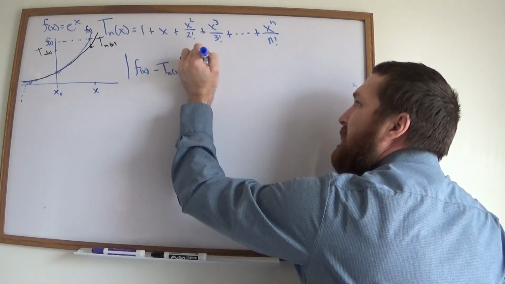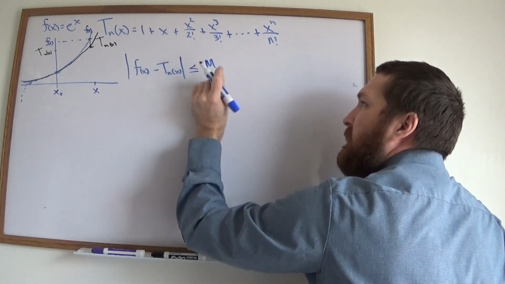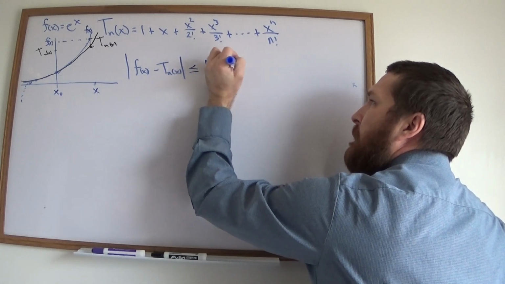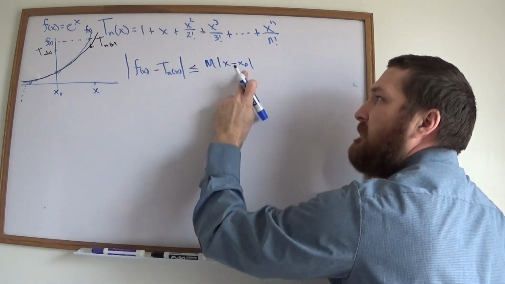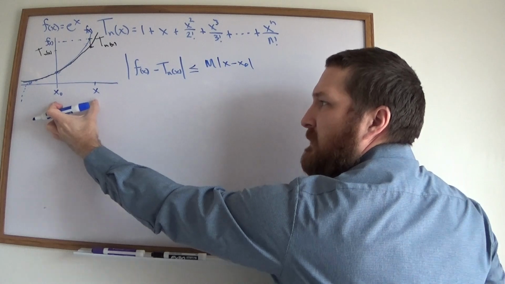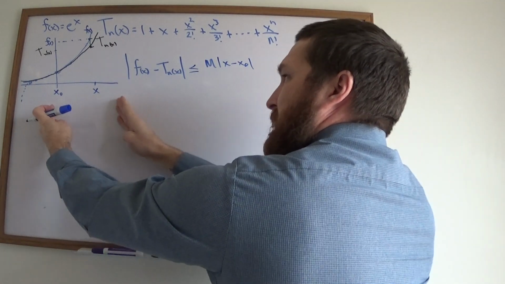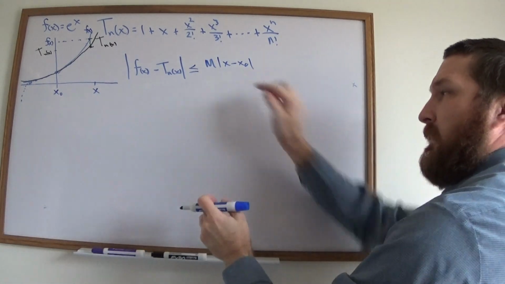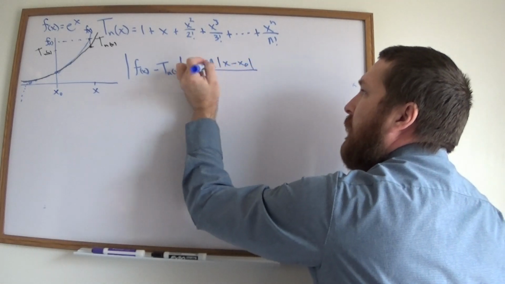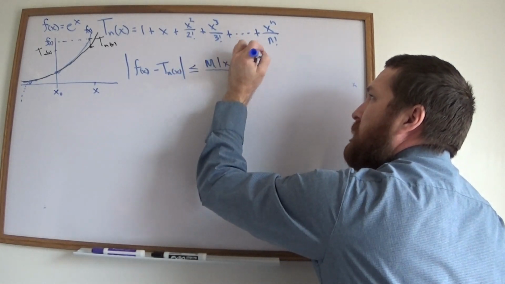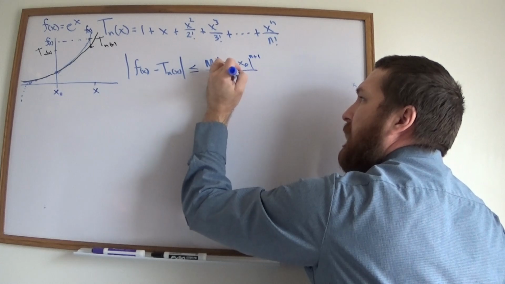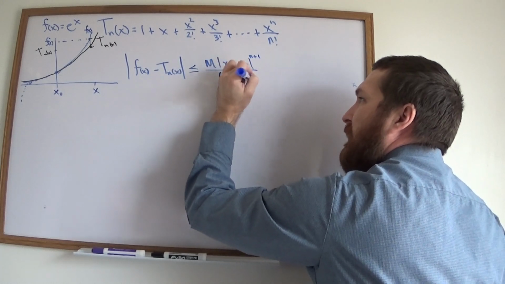It turns out that this is less than or equal to m times this distance, x minus x0, whatever that distance is. And you can see, as it gets bigger, this gets bigger, raised to the n plus 1 over n plus 1 factorial.